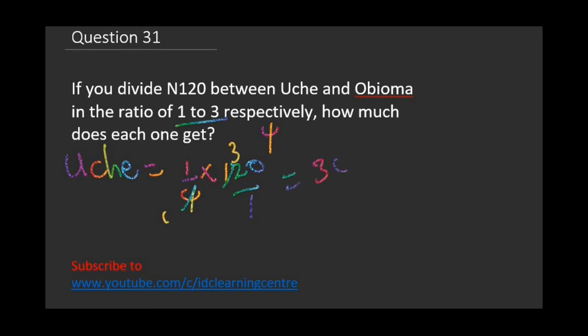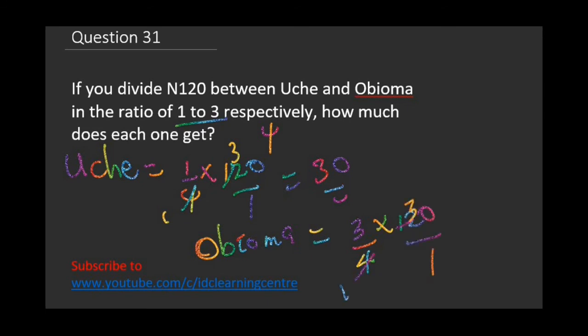Uche gets 30. Obioma gets 3 out of sum of ratio, which is 4, times 120 over 1. 4 here 1, 4 here 3, that's 30. 3 times 30. Obioma gets 90 naira, while Uche gets 30 naira.